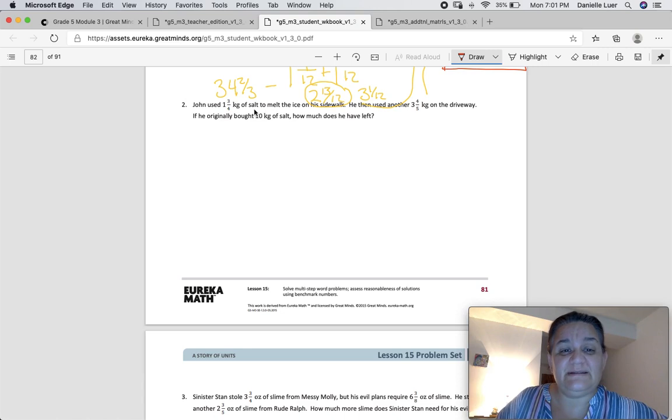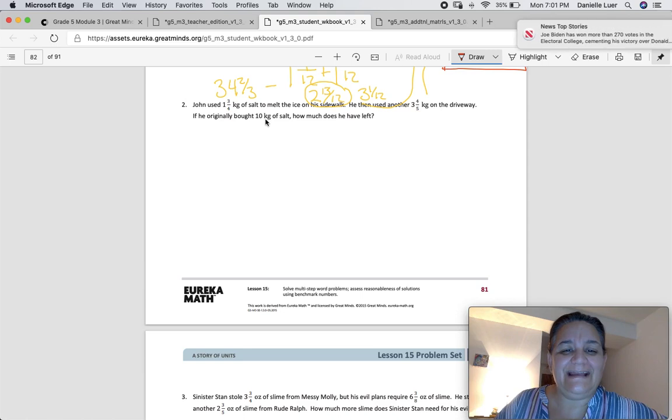So if you put salt on the ice, the salt will help melt it, okay? And we'll learn about that in mixtures and solutions in science class, okay? You can try it if you want. Get out an ice cube and put a little salt on it. It will melt. He then used another 3 4/5 kilograms on the driveway. If he originally bought 10 kilograms of salt, how much does he have left?